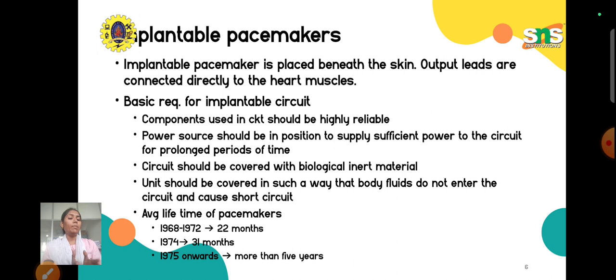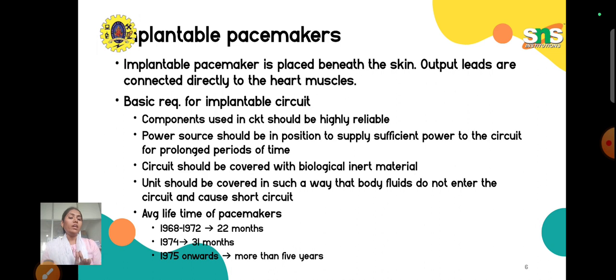Because the implantable pacemaker is placed inside the body, instead of 5 years, if you give 10 to 15 years of life, it is very good for a patient. They feel very comfortable, since they need not go for surgery each and every time to change the battery. So that is one of the drawbacks, or challenges, in implantable pacemakers to work on.